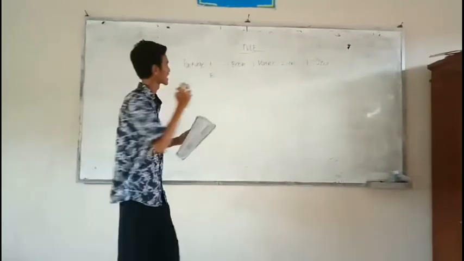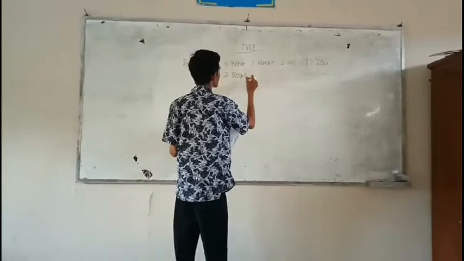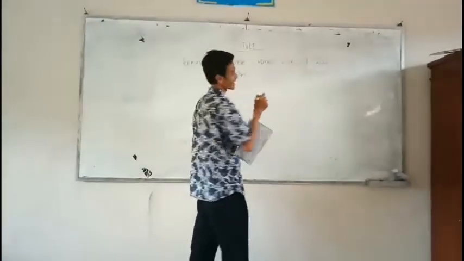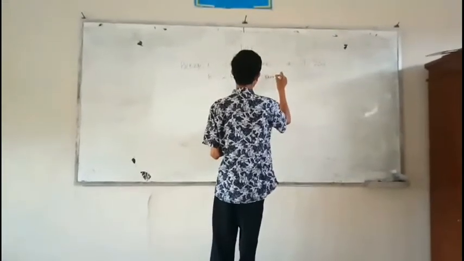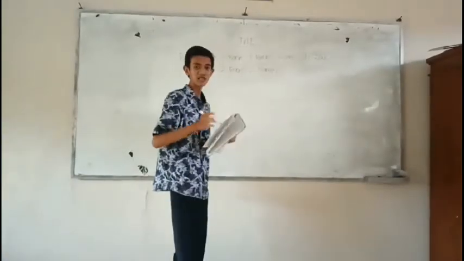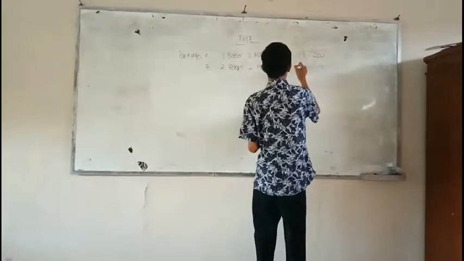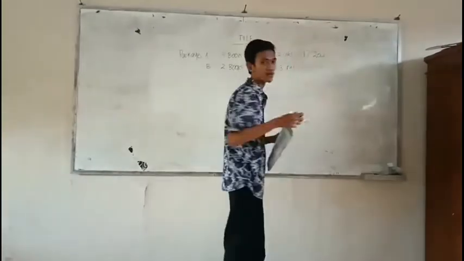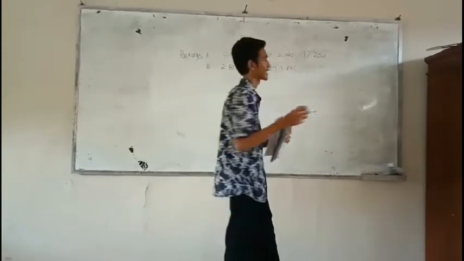Package B contains two books, two markers, and three inks, with a price of 19,700.